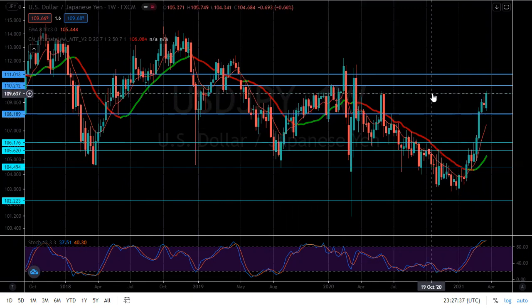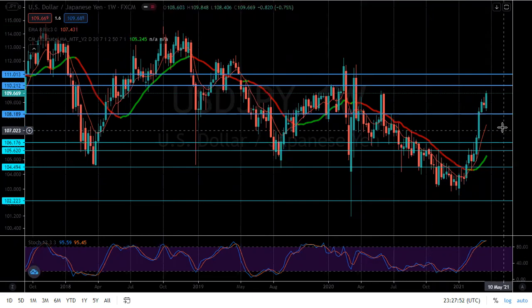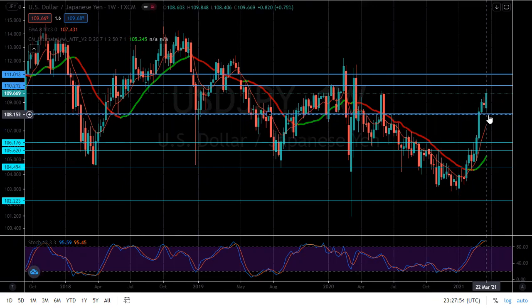I was looking to see price get to the 109.65 area first of all, before attempting to test this resistance at the 110.20 area. Now, what we have from the weekly is an engulfing candle, but not quite a bullish engulfing.